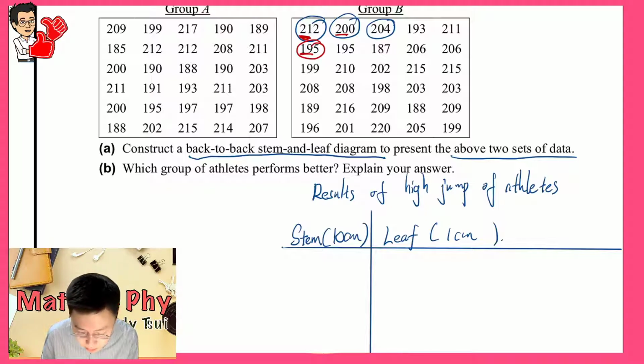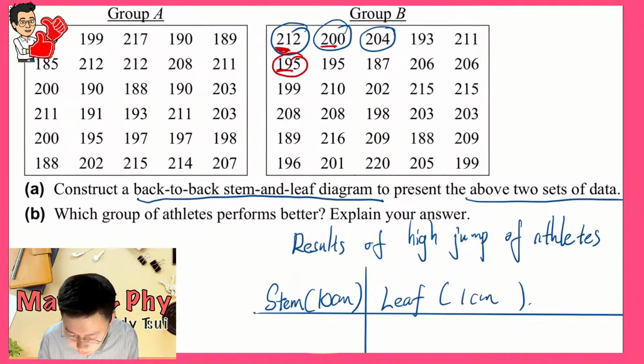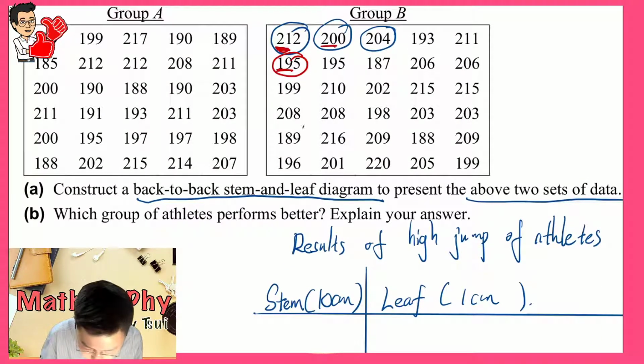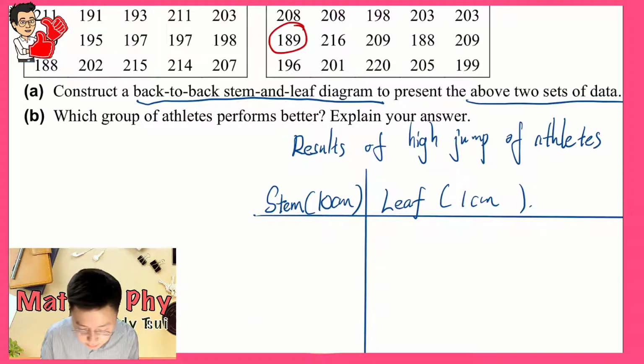So let's check those data. Are there any data that start from 18? That means 180 something. For this one, you can see it starts from 189, so the stem part for this number should be 18. Let's write down 18 first.